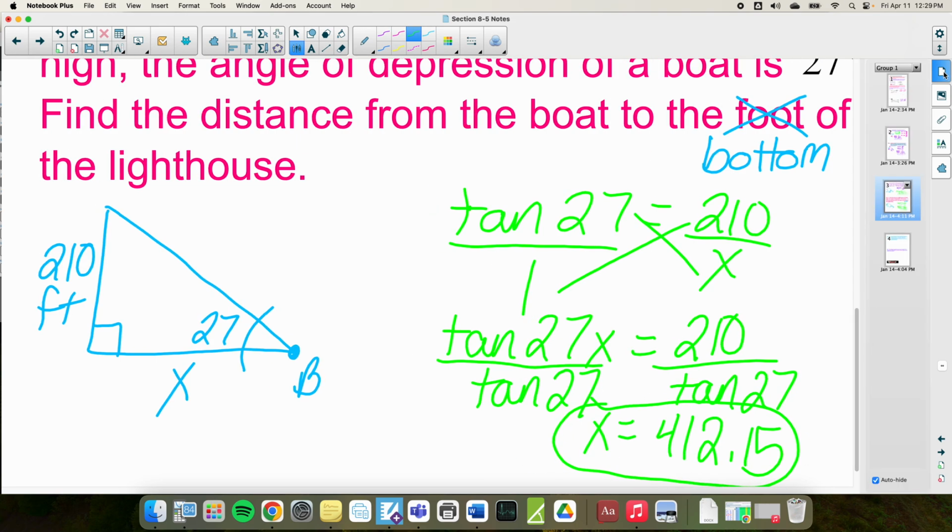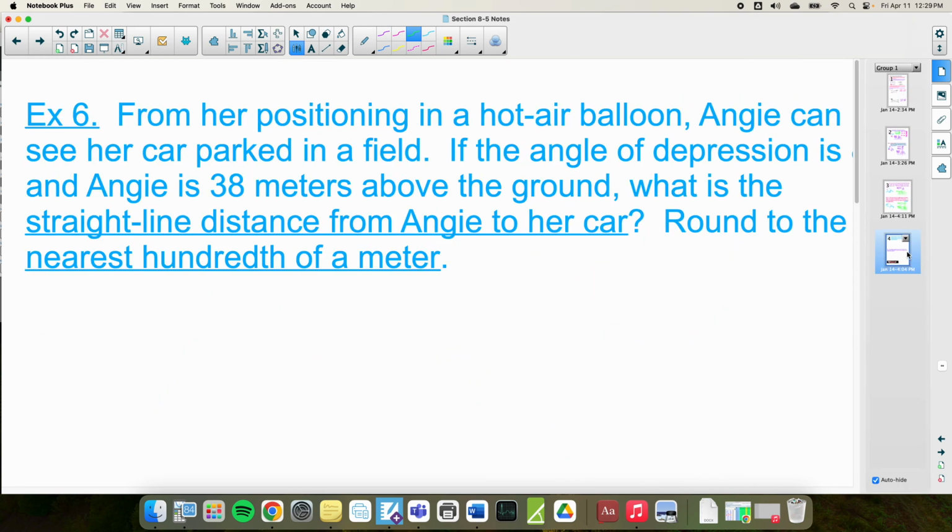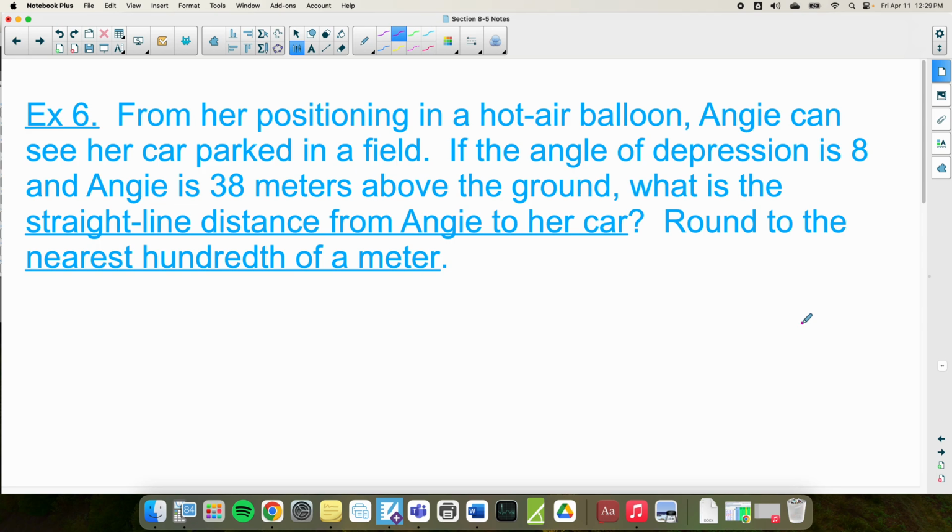Now let's go to our last page. It says, from her position in a hot air balloon, Angie can see her car parked in a field. So here's my triangle. Angie is up here in a hot air balloon, and her car is here.